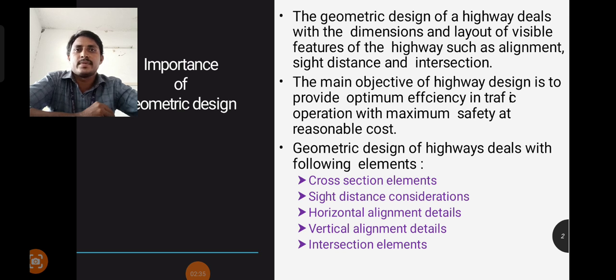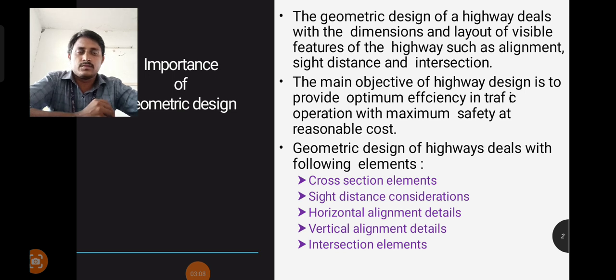Sight distance is nothing but, at any instant, the visible features on the highway, which means the eye of the driver at a height of 1.2 meters from the road surface, and whatever objects or vehicles are at a height of 0.15 meters.